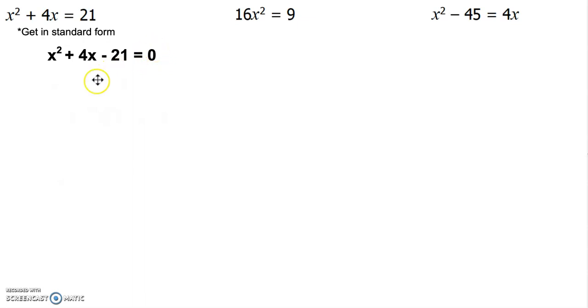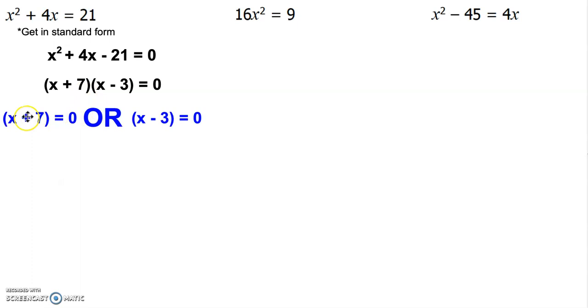Now we're ready to factor. So I have x plus 7 times x minus 3 is equal to 0. Zero product rule tells me either x plus 7 is 0 or x minus 3 is 0. So x is negative 7 or x is positive 3. And so our solution is negative 7, 3.